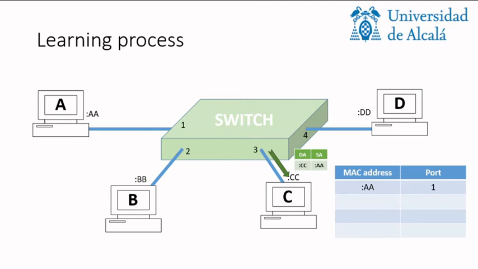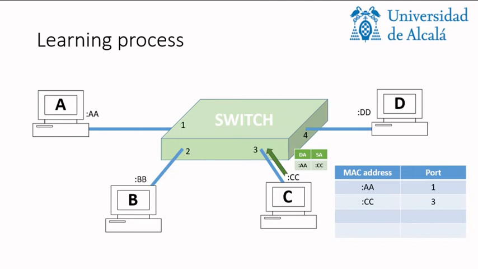Eventually, this frame will be discarded by B and D, and only C will process it because it is the destination. If C, for example, replies to this frame, it will send another frame with destination A and source C. This will arrive at the switch, and the switch will add another entry with source address C and port 3. Once again, after adding the entry for the source address, it will check the destination address.